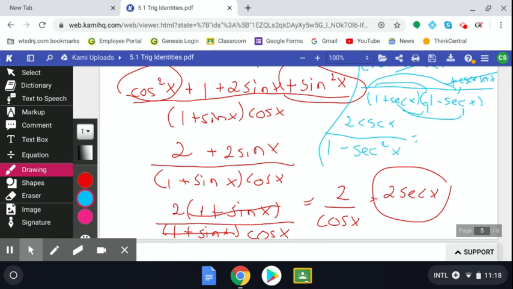And 1 minus secant squared x is equal to negative tangent squared x.